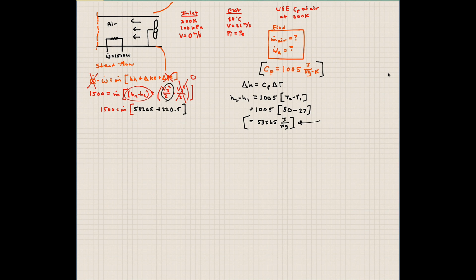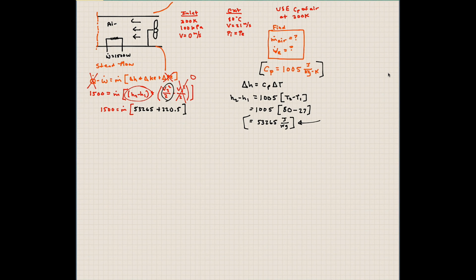The enthalpy value is 53,000. The kinetic energy is 200. So it's 2 orders of magnitude difference. Even if we neglected it, I don't know how much more of a difference it would make in our final answer, but I chose to include it here for illustrative purposes.